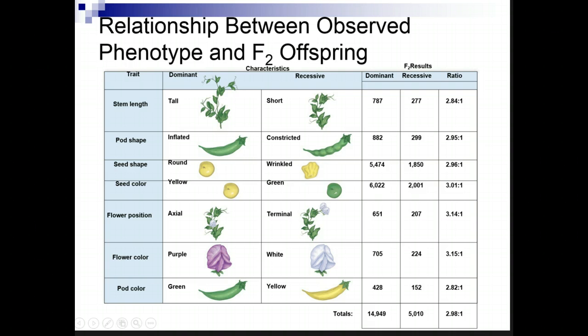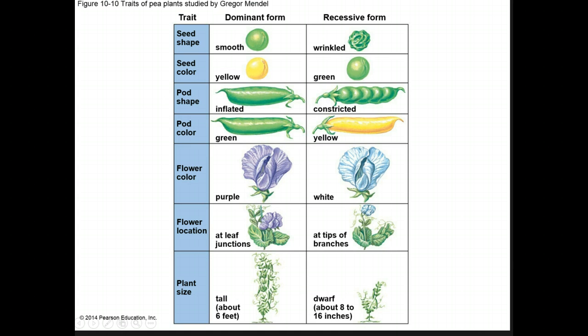By analyzing these numbers, he saw that the basic patterns of inheritance were emerging. By counting the results of these crosses, he could figure out what was considered dominant and what was considered recessive. This is another slide just showing another version of the different traits that he looked at.